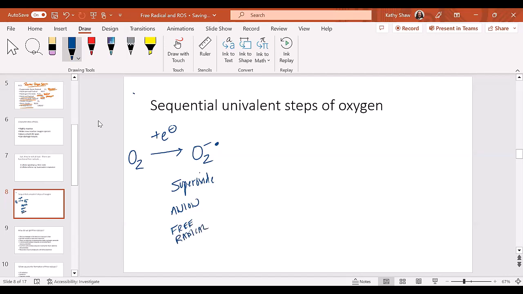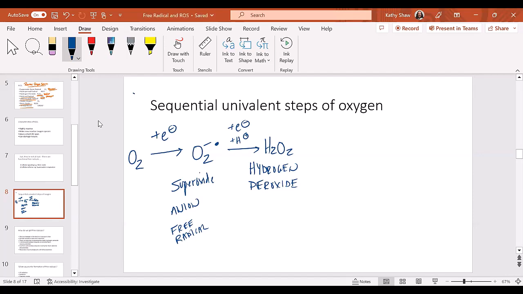Then we have another step in the sequence. We can add another electron. So we add another electron, and we get hydrogen peroxide. And we're going to talk about the enzymes that do this and the sequence and where you see it and everything a little bit later. But we get hydrogen peroxide in between.